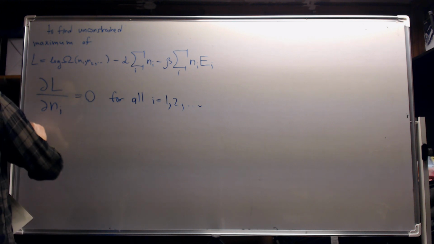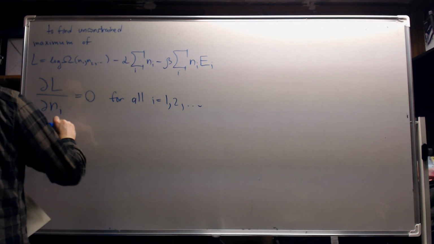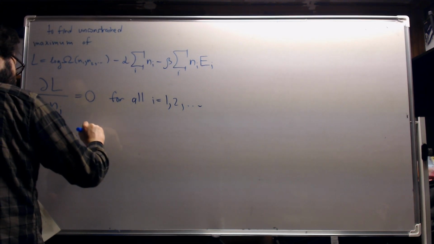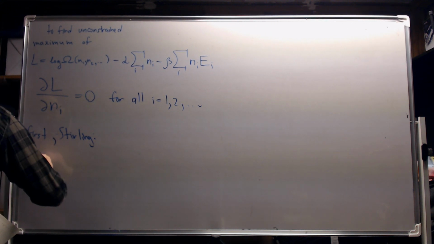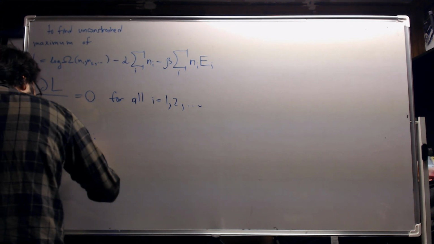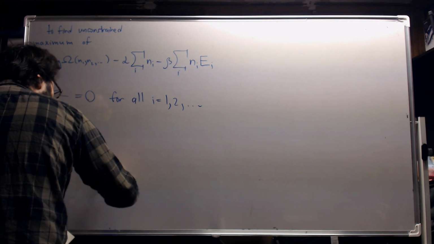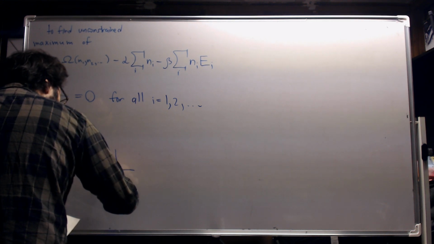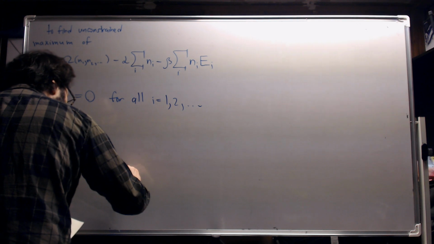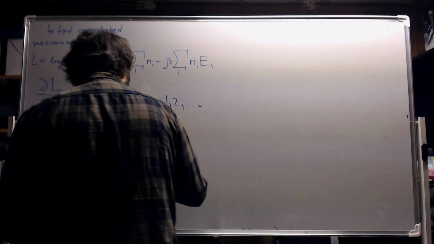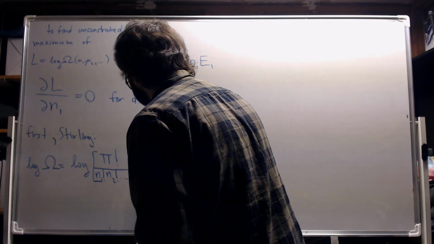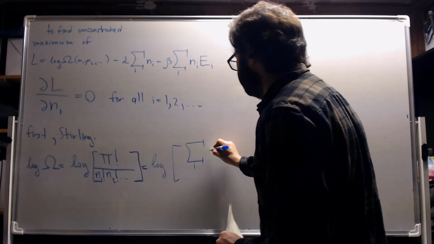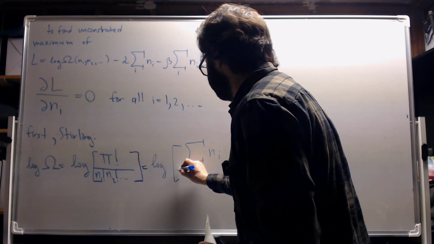So first, Stirling. So log of omega is log of pi factorial over n1 factorial, n2 factorial, and so on. This is also equal to log of, in the numerator, pi can be replaced by a sum over all i of ni. We've now seen this.